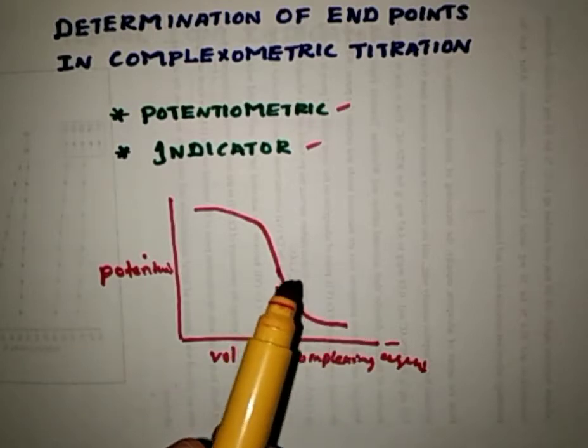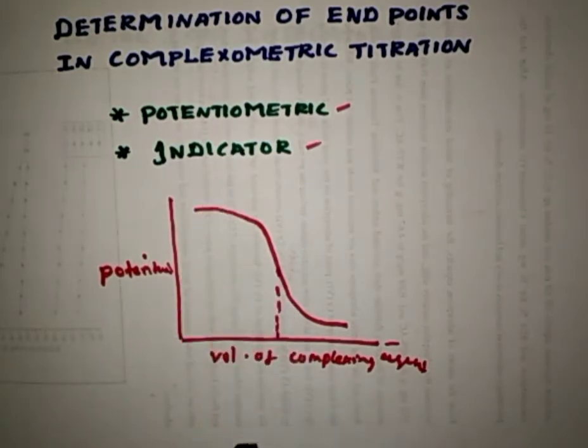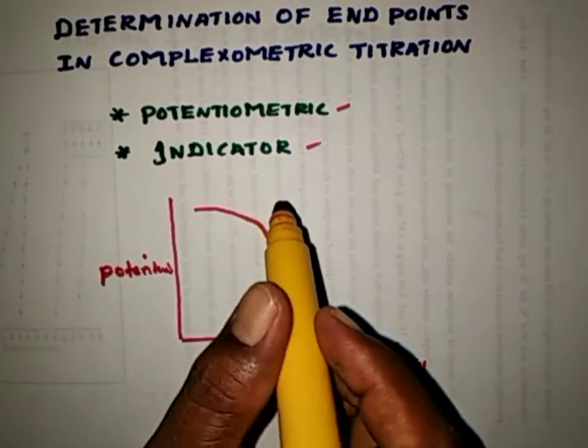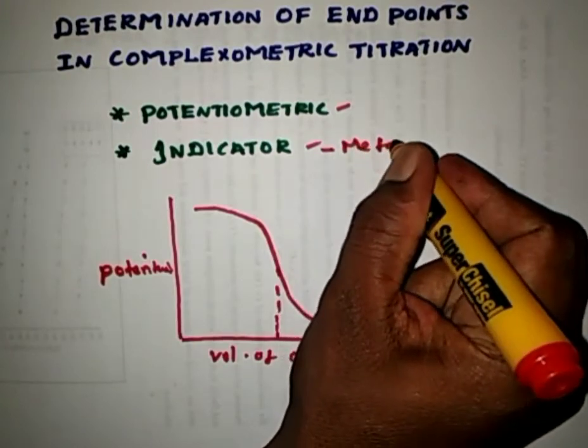Not only potentiometric titrations, we can also determine the endpoint of complexometric titration using an indicator, especially a metal ion indicator.